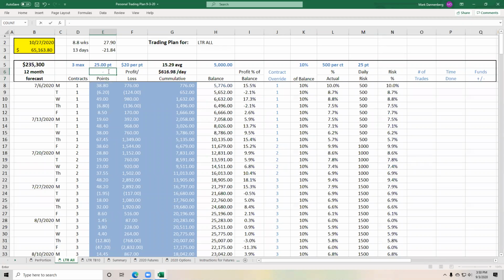I'm going to make it 21.80. I usually just round off to the closest whole, so 21.80. So I'm planning on winning on my winning days 25 points, and I'm planning on losing at the rate of 21.8 points on my losing days, and that takes into account the rate of losing days.